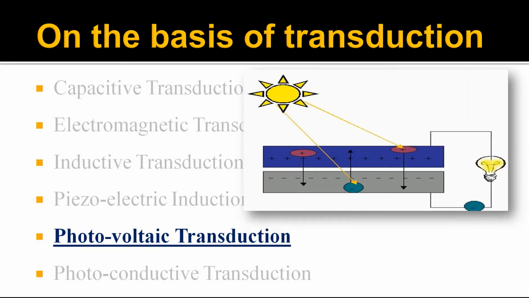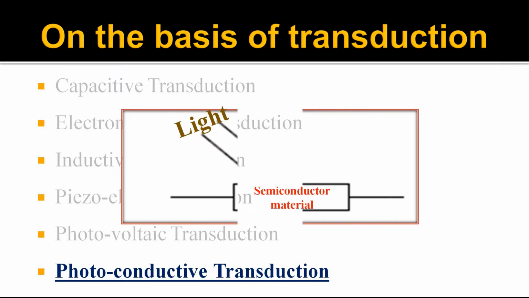In photovoltaic transduction, the measurement is converted to voltage generated when the junction between dissimilar materials is illuminated. In photoconductive transduction, the measurement is converted to change in resistance of semiconductor material by the change in light incident on the material.